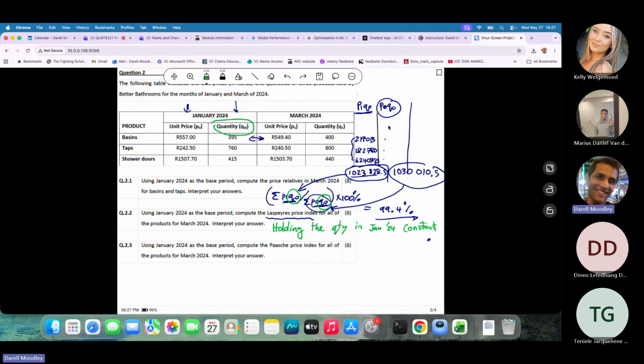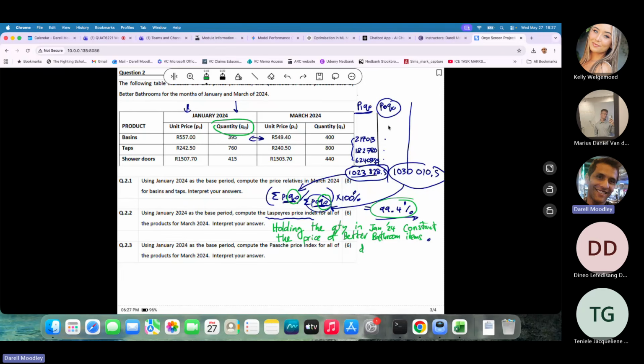The price of bathroom items decreased, because we know it decreased, since it's less than 100.